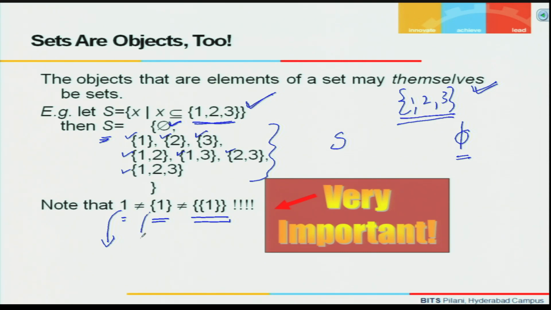The second is a set containing the element 1. And the third is a set containing another set, and that set has 1 as its element. Hence, these three are distinct by the very definition. This is just an element, this is just a set, and this is a set containing another set as its element. They are not the same. It is just an observation.